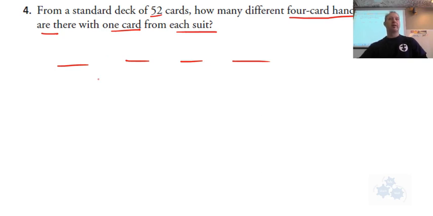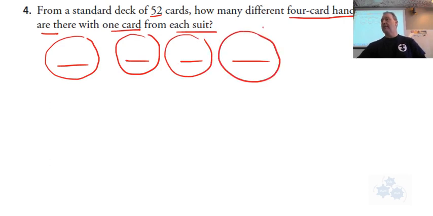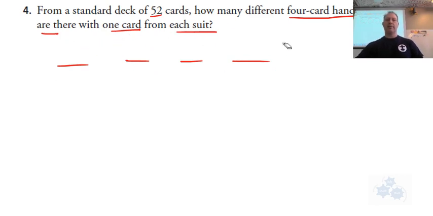Oh, that's interesting. If you have these cards in your hand, does order matter? Well, we do have a number of options for the first card, and a number of options for the second card, and a number of options for the third, and a number of options for the fourth, right? So when you're putting 1 and 2 and 3 and 4 in your hand together, I think there's going to be probably some multiplication that has to happen here, right?